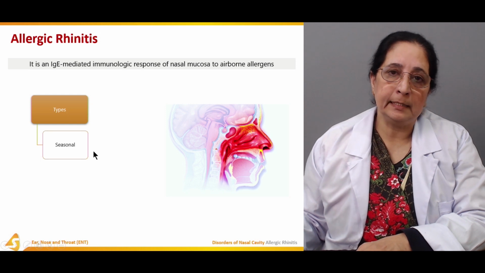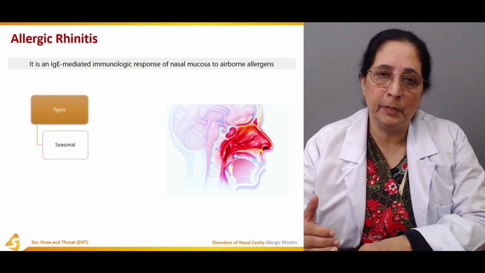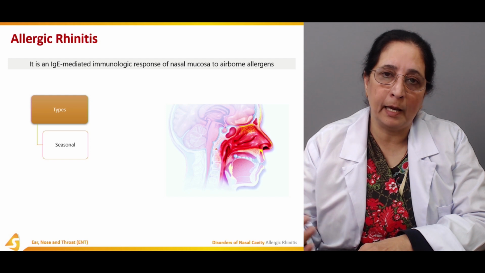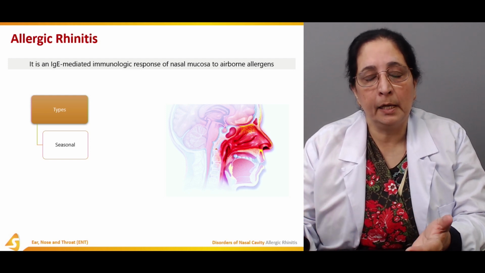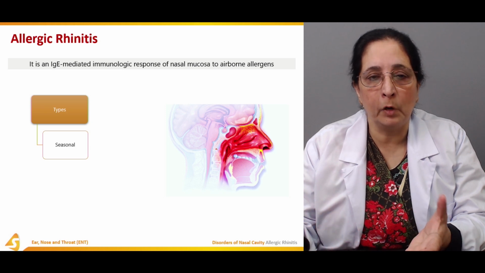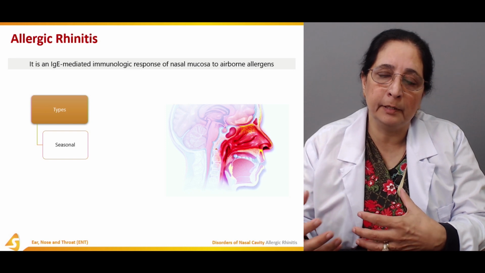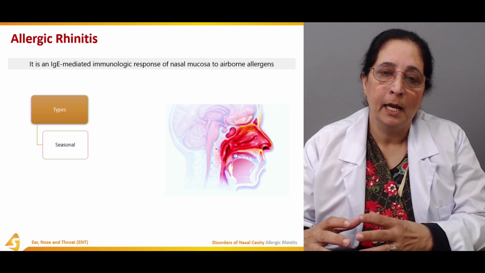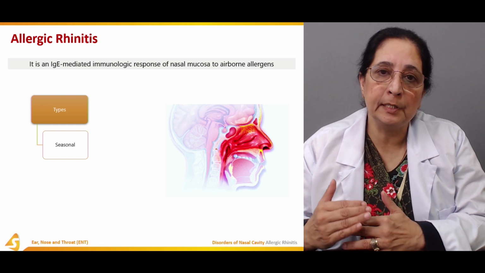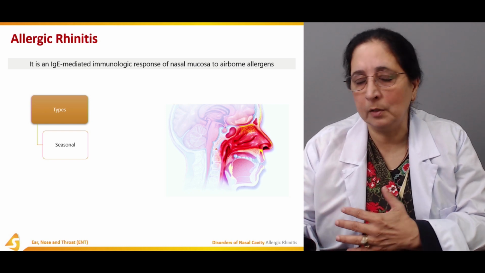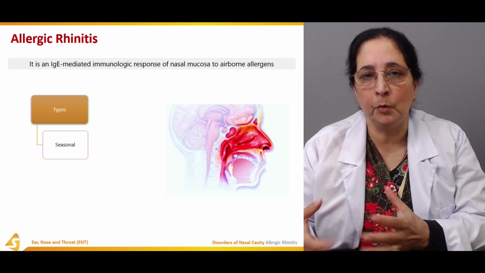It has different types. It can be seasonal, which occurs in season. Allergic season is very common when pollens are released from the different plants and trees, and then there are the seasonal allergies. People who have seasonal allergy, all year around they are completely normal, no problem.